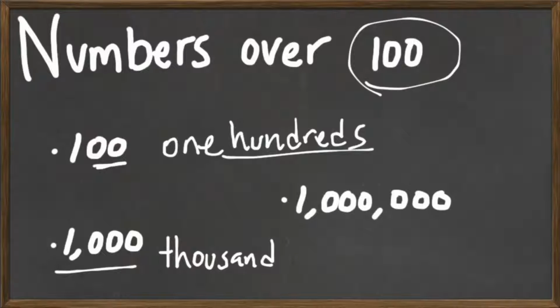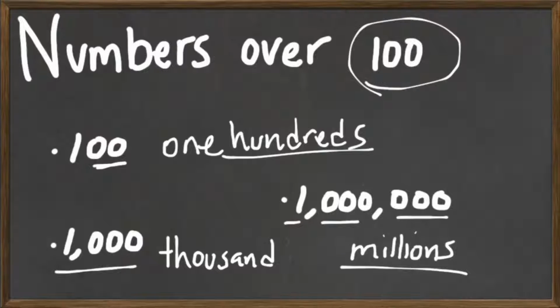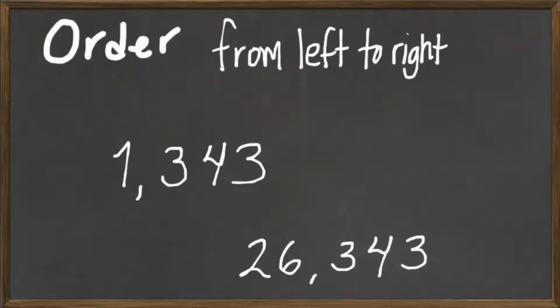And if we want to go even beyond that, when we have seven unit numbers, we have million or millions. We're not going to be going too deep into millions right now because they're not really necessary.